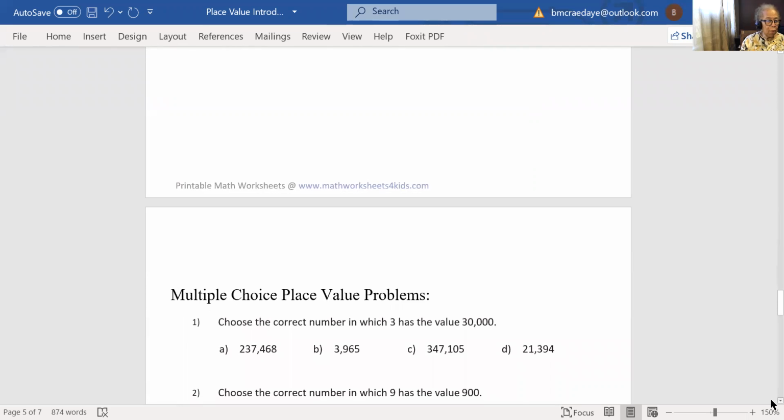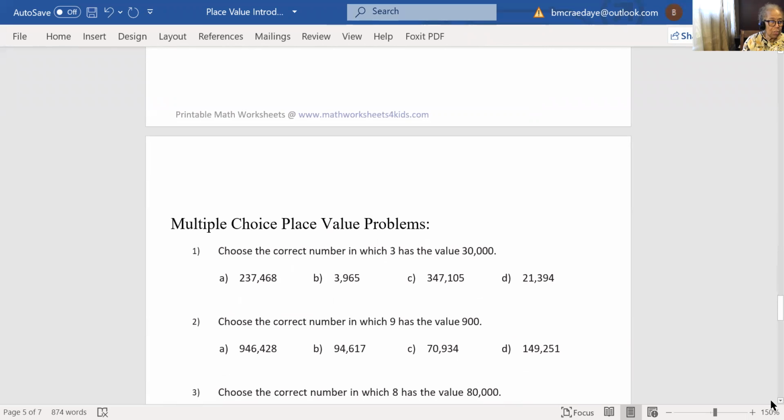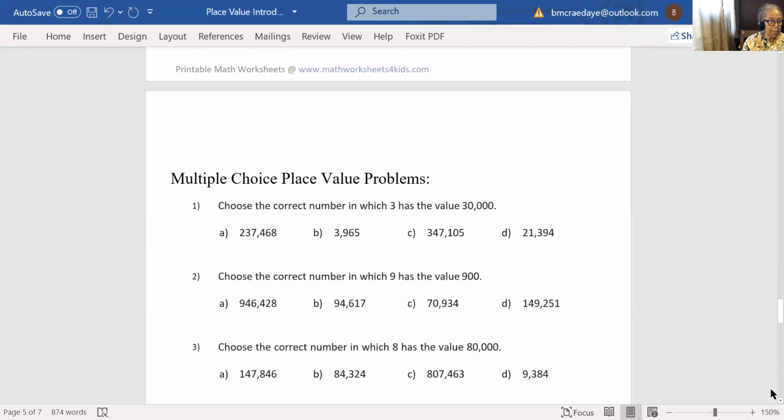Okay, now we have some multiple choice place value problems here. And these I want you to do, and I'll just do maybe the first couple, and then you'll do the rest of them just for practice. Now, number 1, choose the correct number in which 3 has the value 30,000.